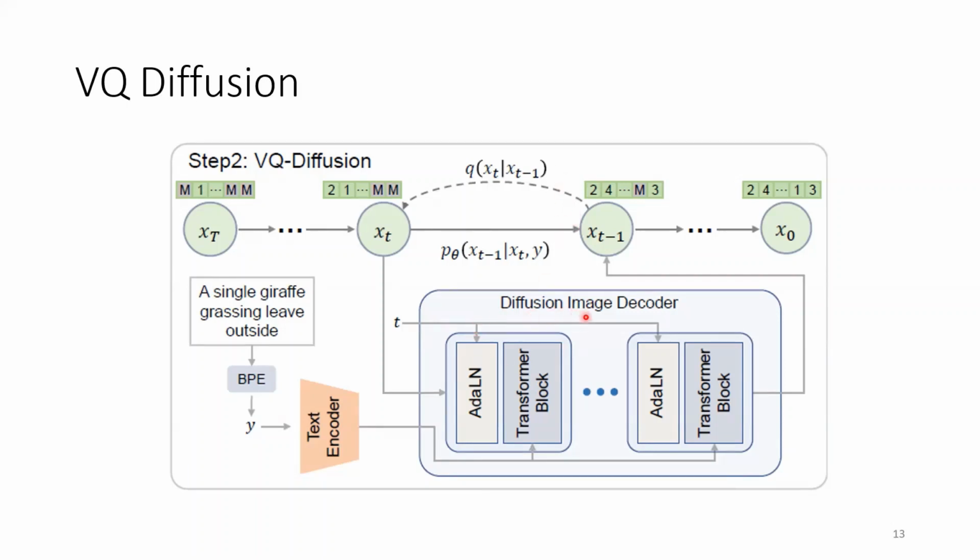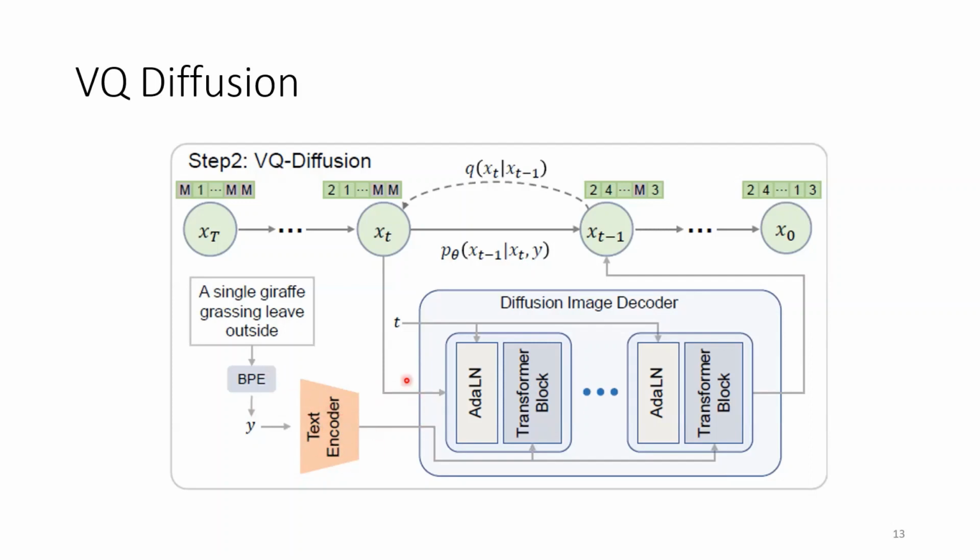What this diffusion image decoder contains are the blocks as shown here, and it also takes in two additional signals. One is the time step t, which is indicative of the step in the Markov chain. And another is the text token, which is given by the text encoder here.